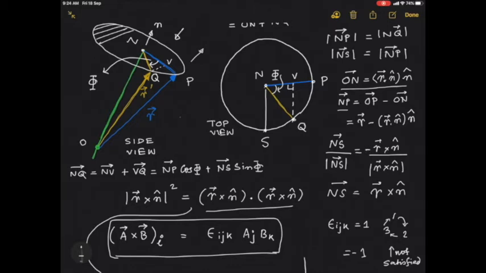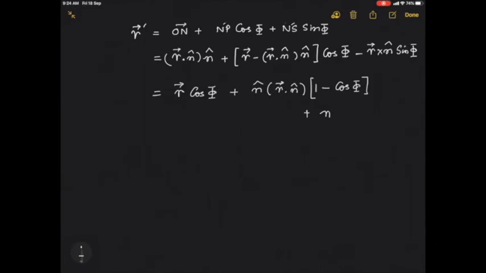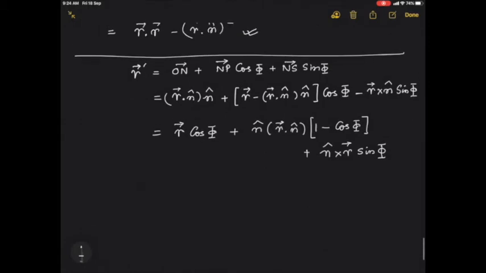Please check. It should be this. So whether r cross n cap or n cap cross r depends on whether you take right hand system rotation or left hand system. This should be the correct choice for the right hand system. But you also please check.